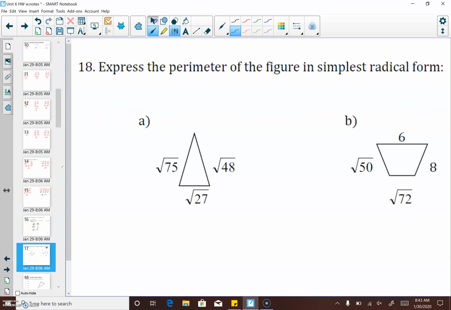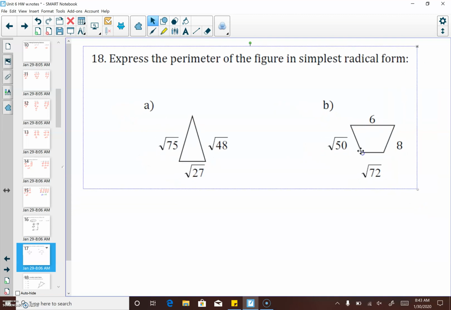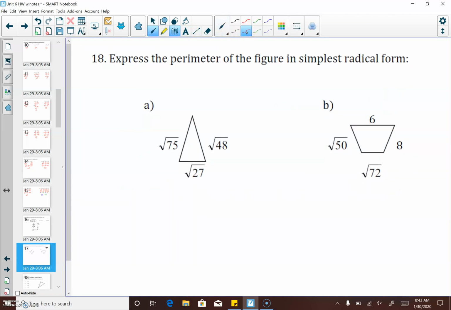For the last one, we're going to find a couple of perimeters. So we've got to add up all the sides, so we'll focus on the triangle first. So we always want to start by simplifying. So 75 is square root 25 times square root 3, 5 square root 3. 27 is square root 9 times square root 3, 3 square root 3.